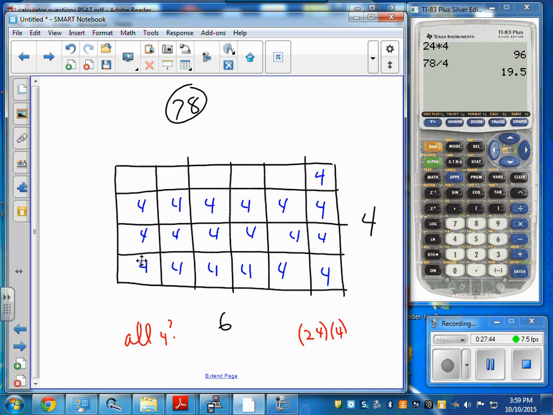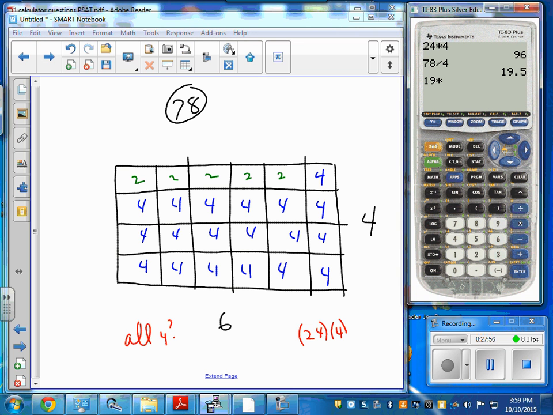There's 19. And then 2s would go 2, 2, 2, 2, 2. Let's see if that makes sense. We've got 19 times 4. Well, that's 76, but that doesn't work because we have 2 students left over. So we can't have 19.